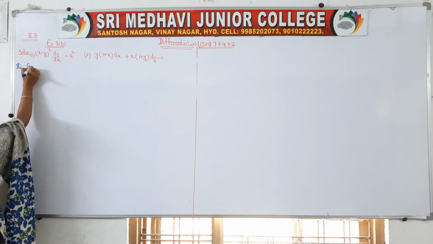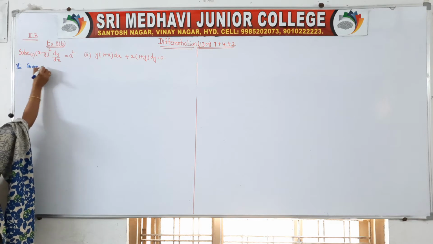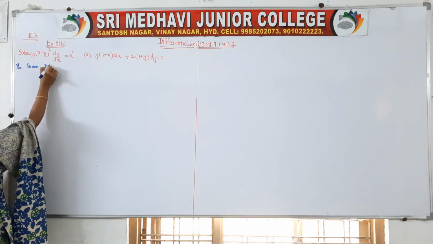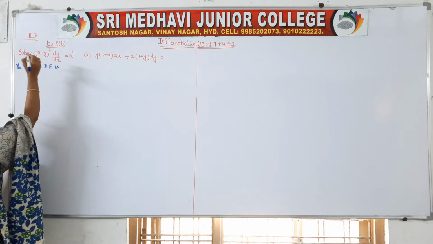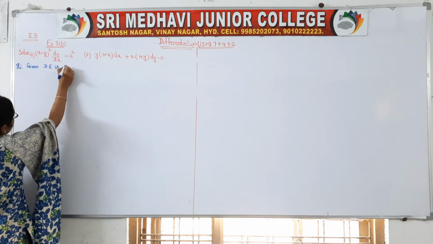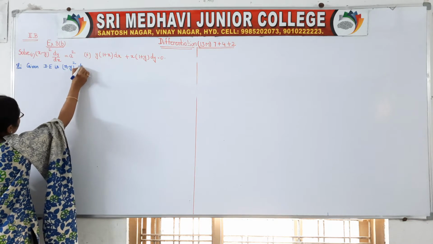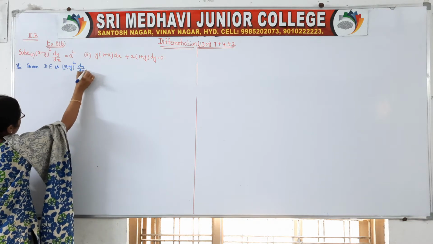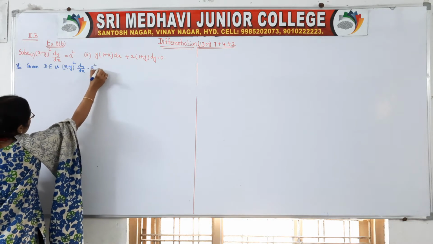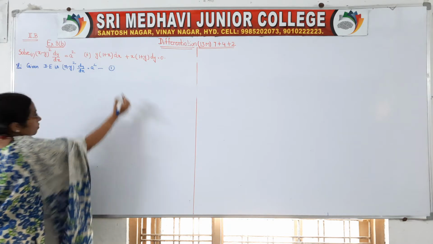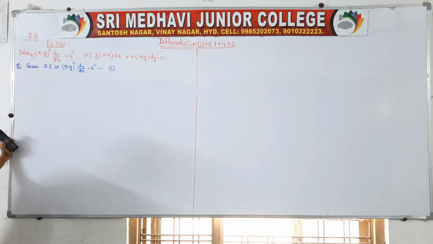The given differential equation is (x minus y) whole square dy by dx is equal to a square. This is our first equation. (x minus y) whole square is there.